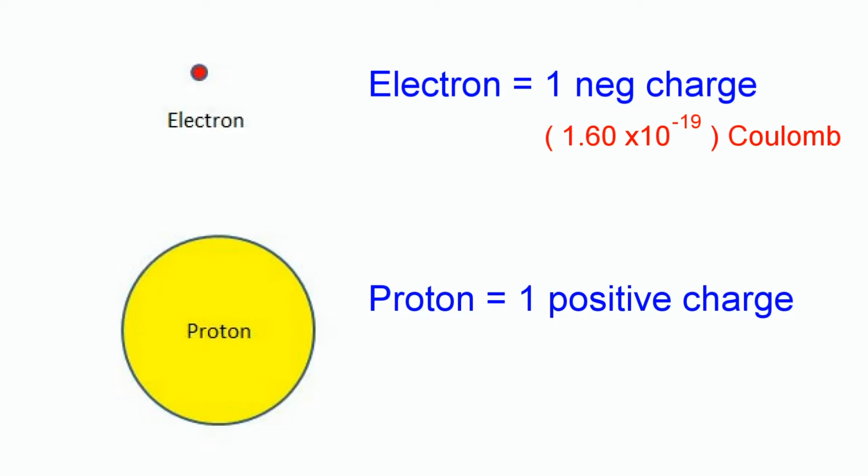And when we say that the proton has one positive charge, it is understood in chemistry that the strength of the charge is equal to 1.60 times 10 to the minus 19th coulombs. So from now on, we won't worry about the strength of the charges. We will just focus on the number of the charges.